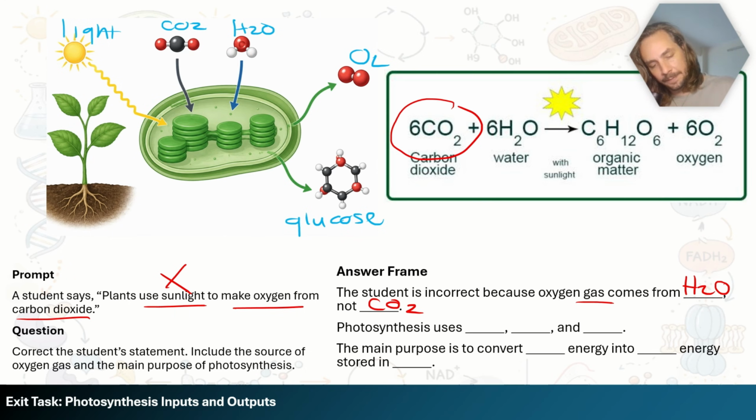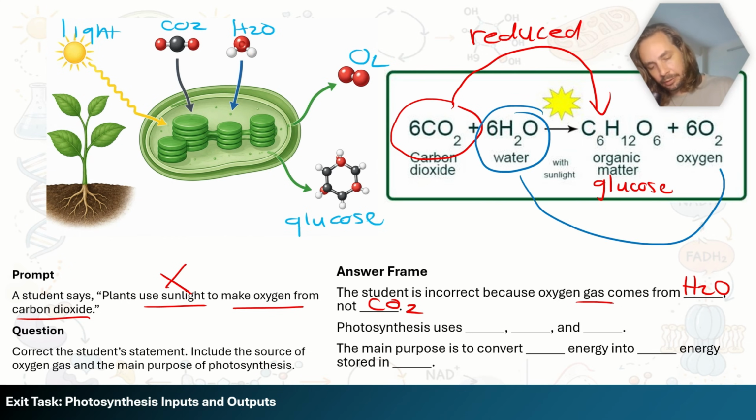Carbon dioxide is reduced to build glucose. And water is oxidized to form oxygen.